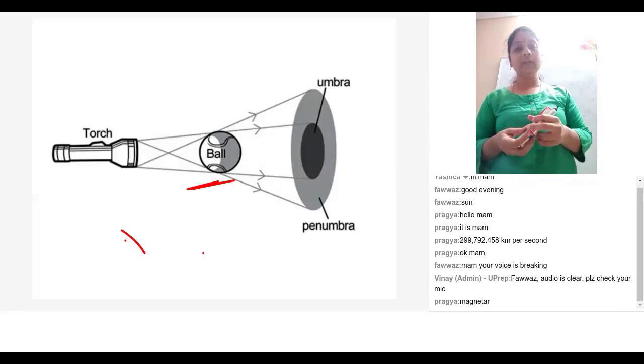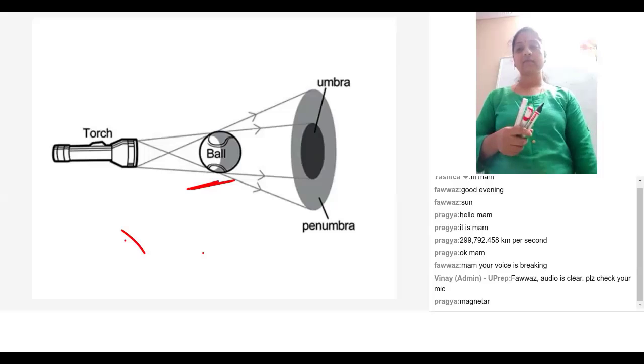When screen is moved away, size of the shadow increases. And if the screen is moved towards the object, size of the shadow decreases. So when it is away, it will be increased, and when it is near, it will be decreased, right?